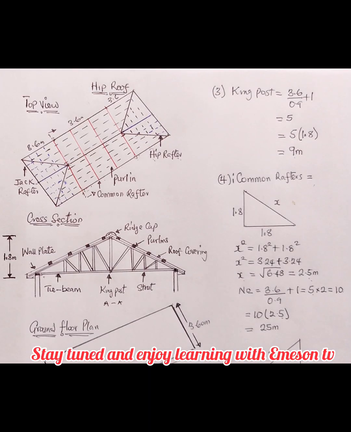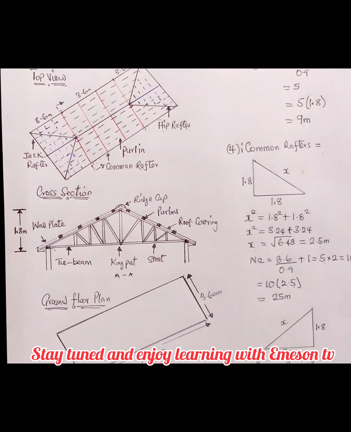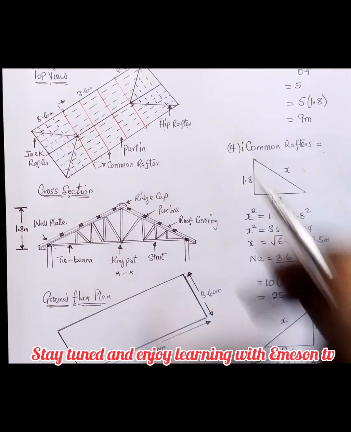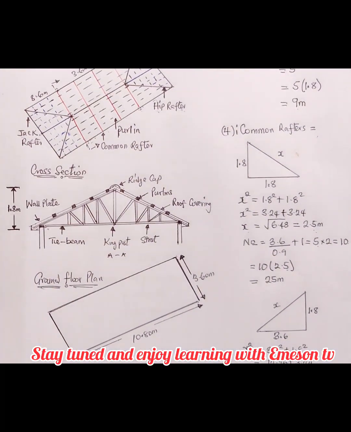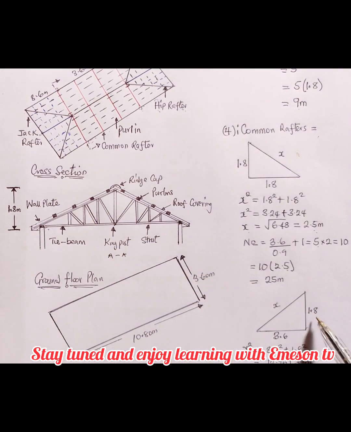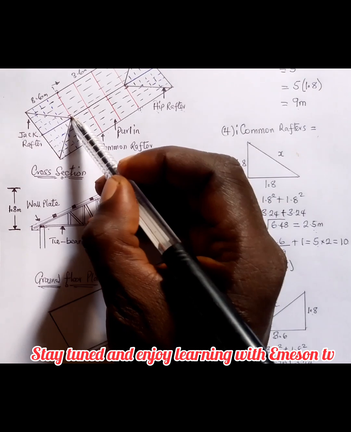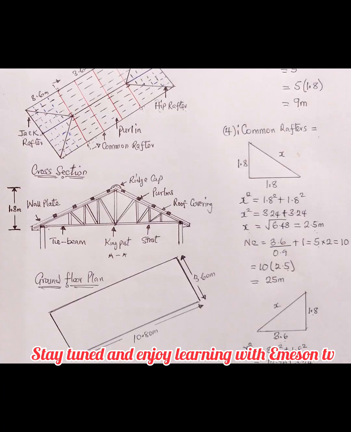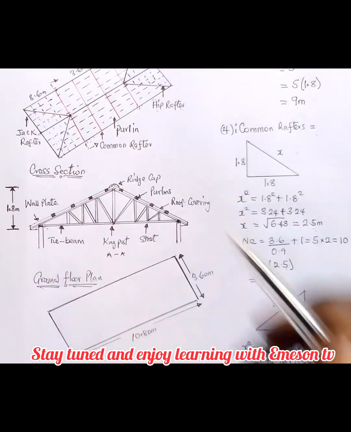So let's go over to this other one, that divides the heap into 2. For that, our king post is from here to here, which is 1.8. From this point to this point is 3.6. Then this length is x, which is what we are looking for.